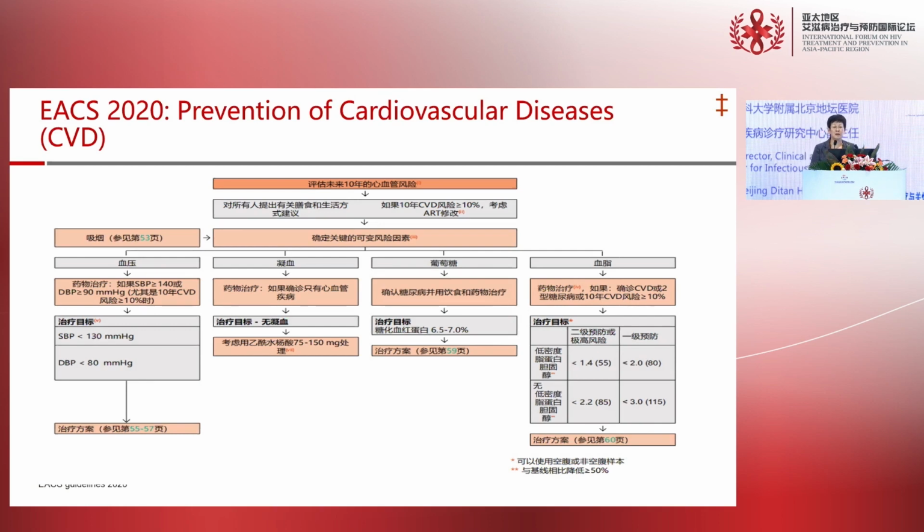HbA1c should be lower than 6.5, and for lipids, LDL-C must be lower than 1.4. If the patient already has cardiovascular events, you still need to continue with statin, and you have to be more stringent with LDL-C.